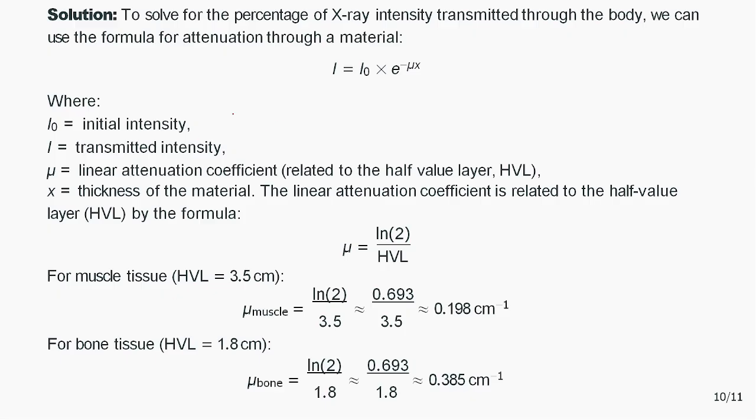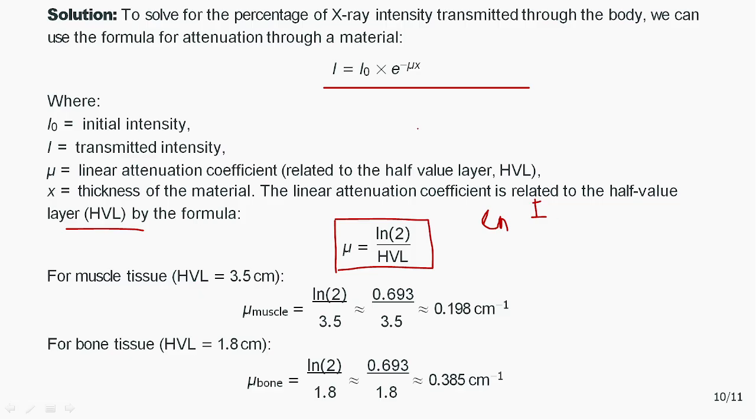So first we know this is the formula. Then we need to calculate the value of the half value layer. The formula we know is mu equals ln2 divided by HVL, because you have this ln.